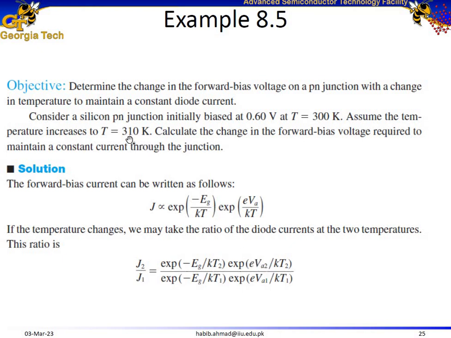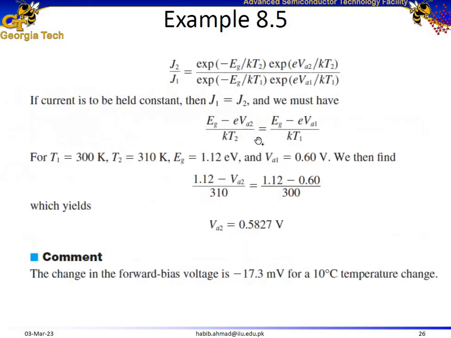T2 we already know, it's 310 Kelvin. VA2 we don't know, this is the only unknown variable in this equation. And J2 is equal to J1, which means this ratio would be equal to 1. So replace all the values in this equation and then solve it further.